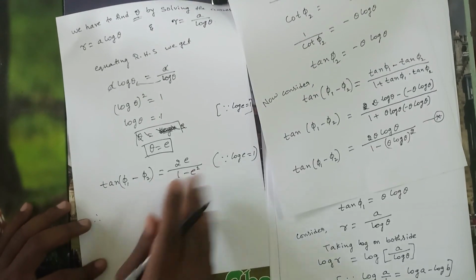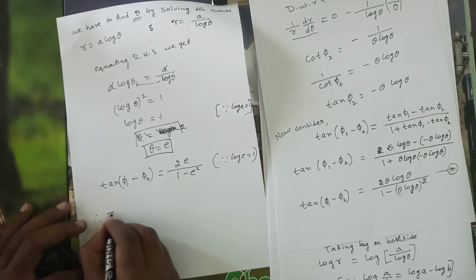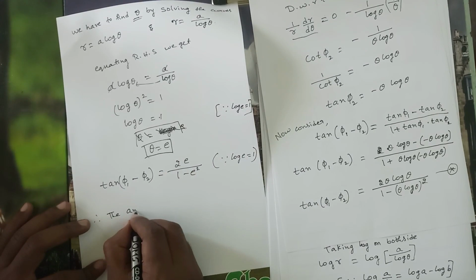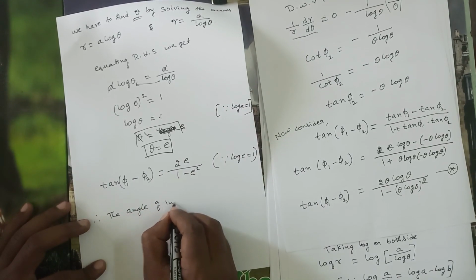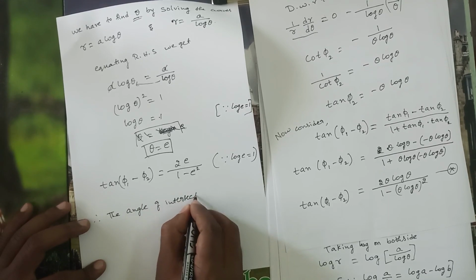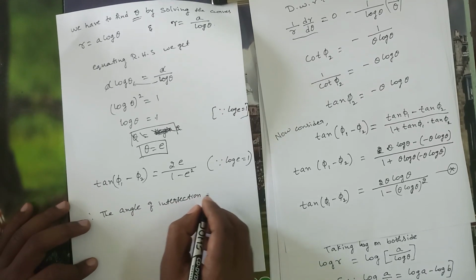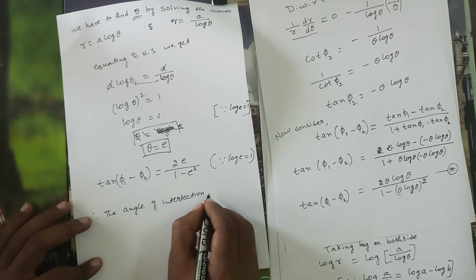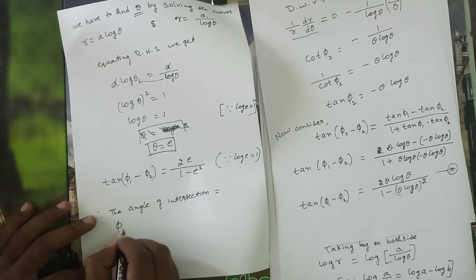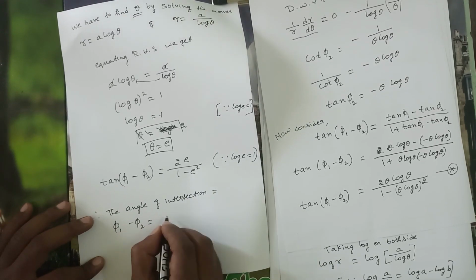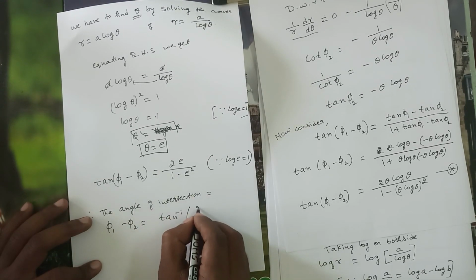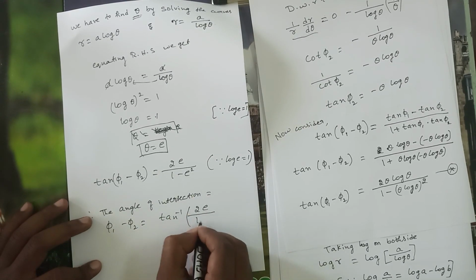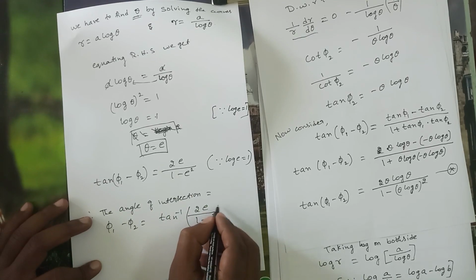So therefore the angle of intersection, phi 1 minus phi 2, equals tan inverse of 2e divided by 1 minus e square.